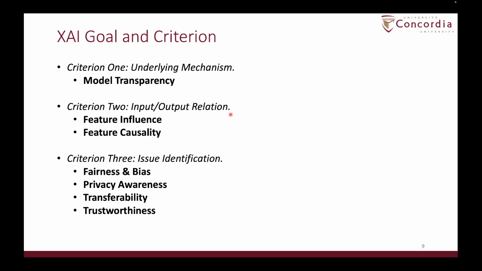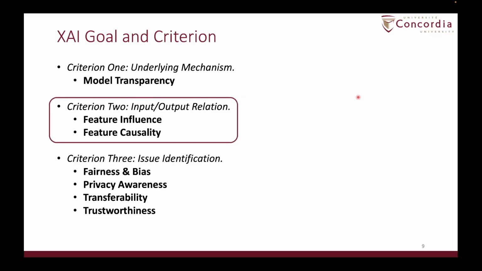The second criterion is that we study the input and output relation of the model. It matches the goal of feature influence and feature causality. The last criterion is that we identify the issues of the model. It contains the goal of fairness and bias, privacy awareness, transferability, and trustworthiness.